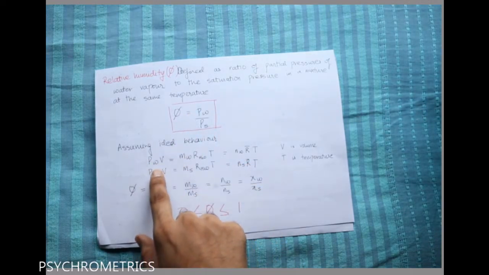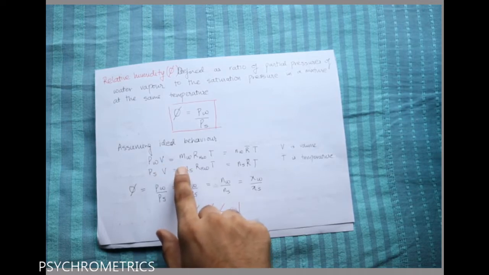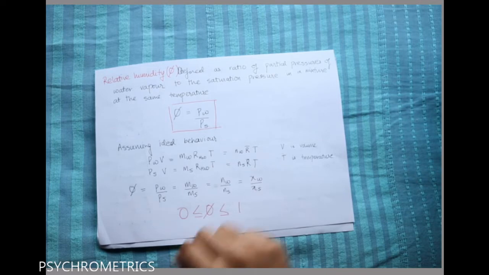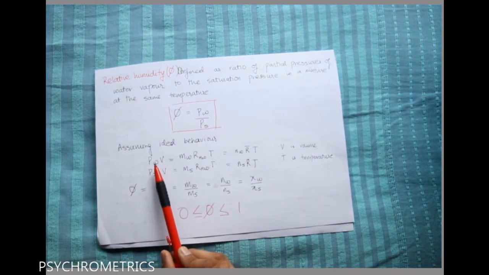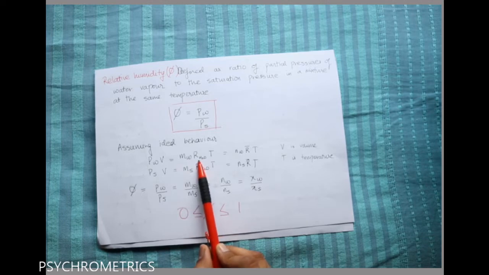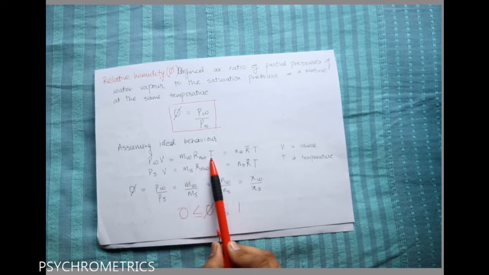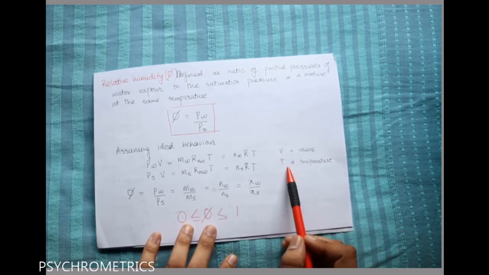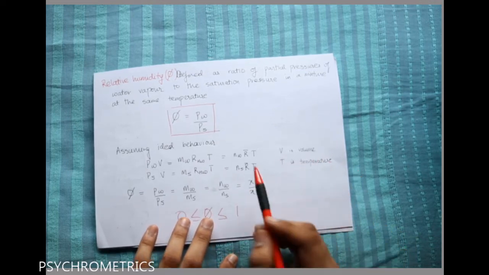So we have PW V is equal to MW RH2O T. That is, the partial pressure of water vapor times the volume of the container is equal to the mass of water times the gas constant of water times the temperature, where V is the volume and T is the temperature.